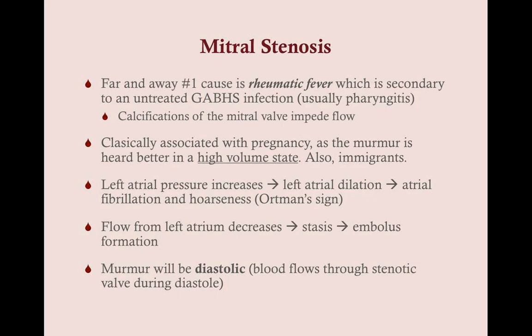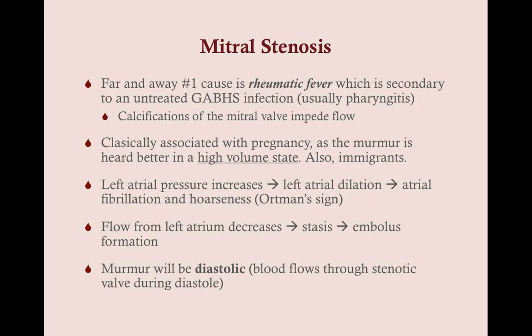The common way that this presents, because mitral stenosis is generally mild and is generally not something that presents in and of itself, the classic way you get this is either in an older immigrant where this has been going on for a long time, or in a patient that is pregnant.